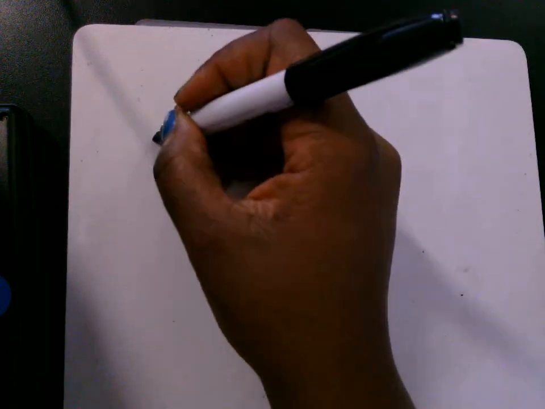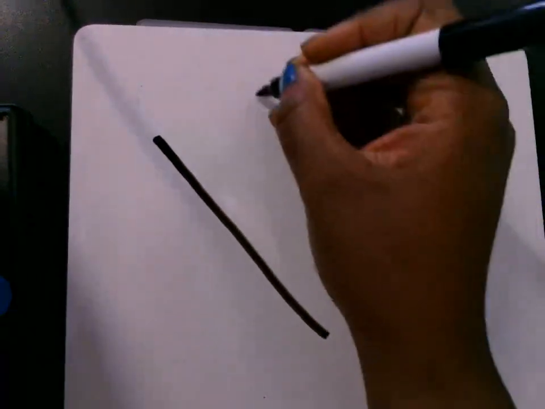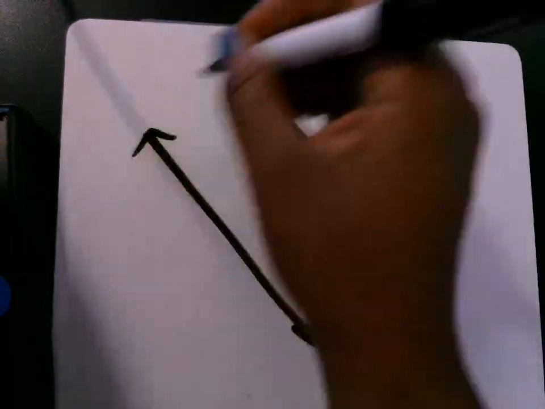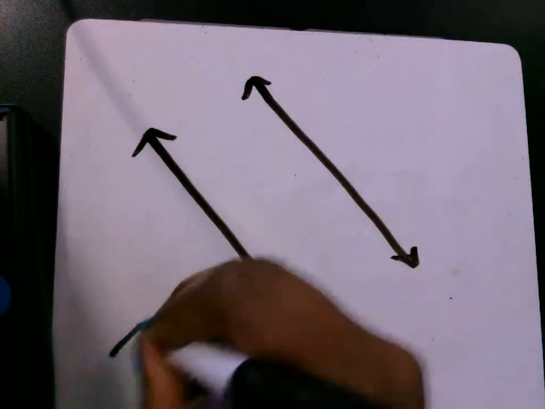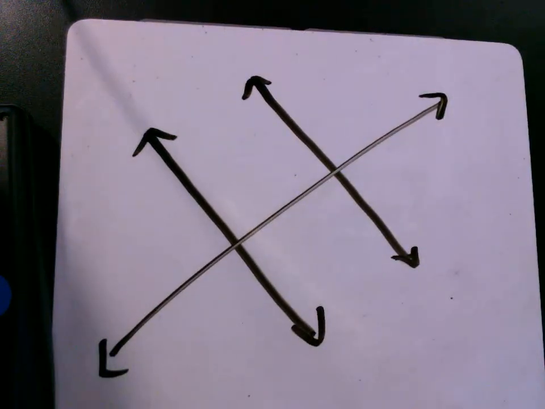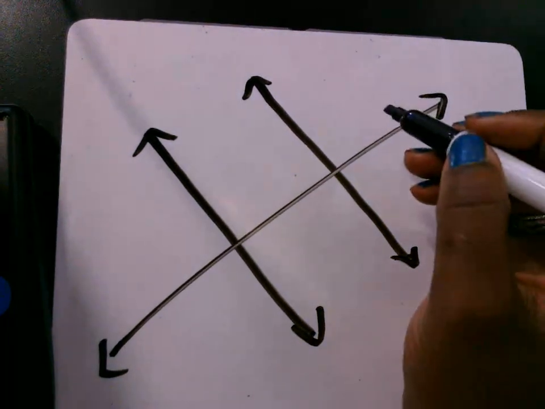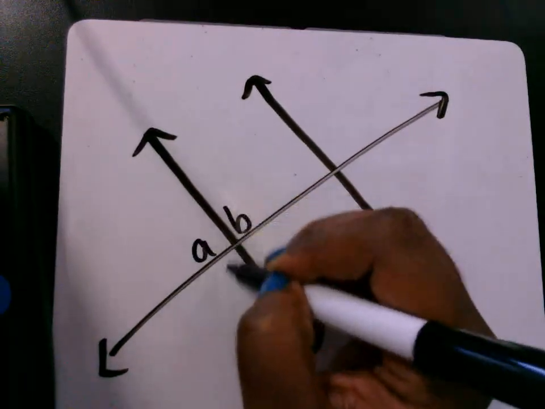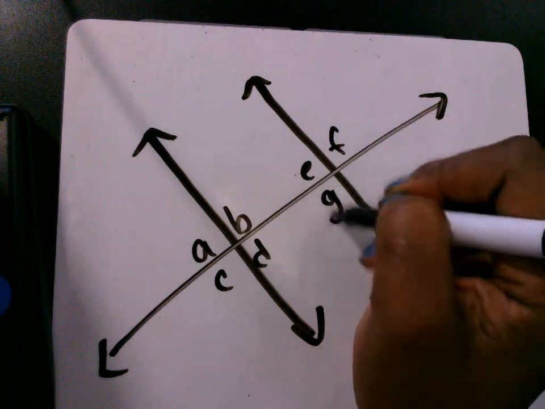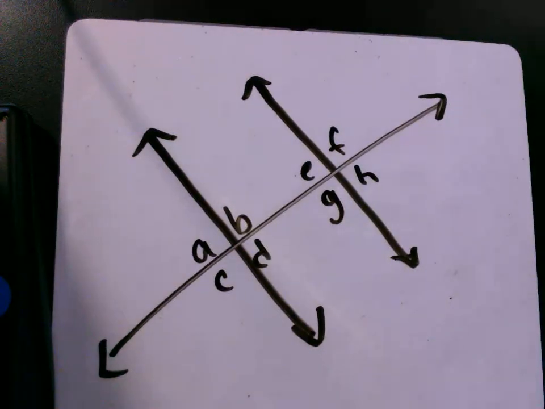All right, let's try this one. Two parallel lines, transversal. A, B, C, D, E, F, G, H. Okay.